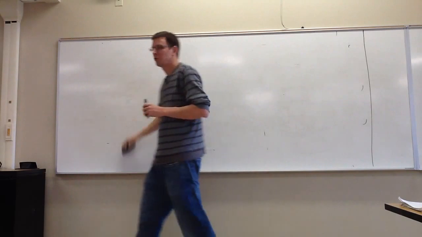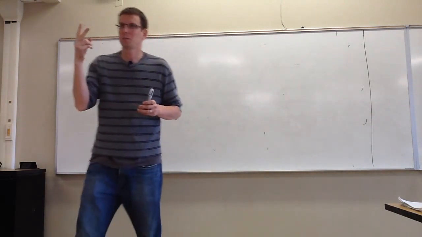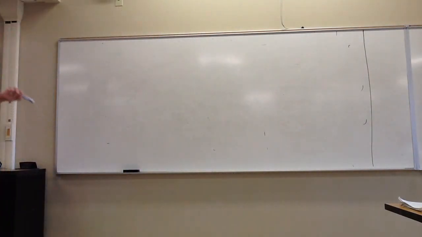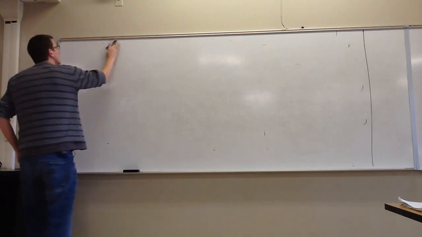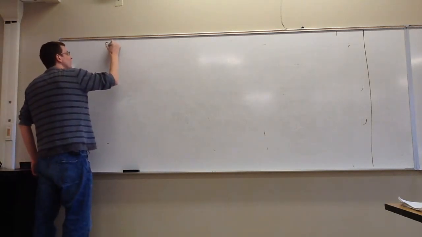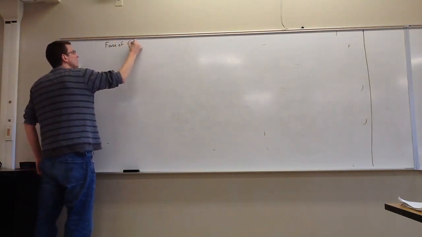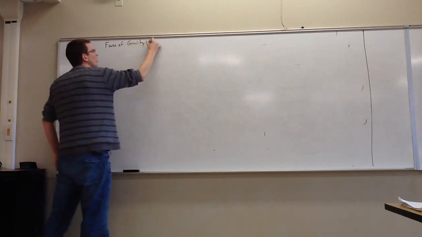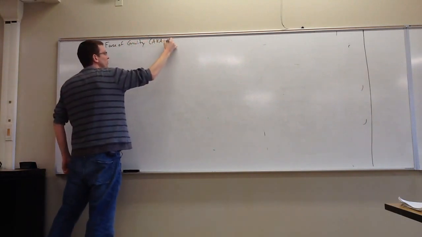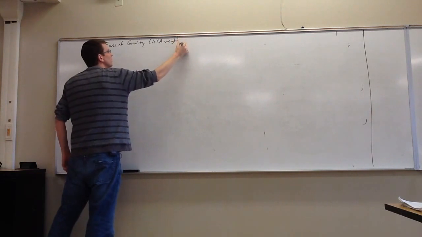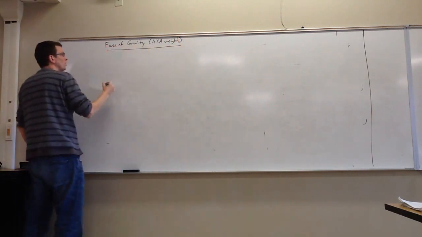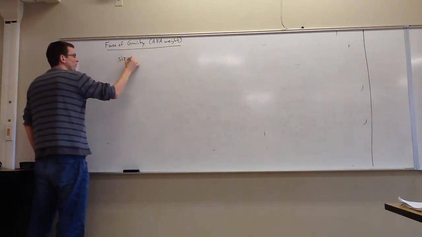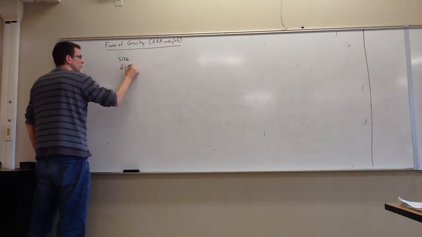I'm going to introduce 2 of them today just because I need at least 2 to play around with. Otherwise, there's no vector addition that I can have, right? The force of gravity, also known as weight, is the first one. And of course, since force is a vector, we need to discuss size and direction.